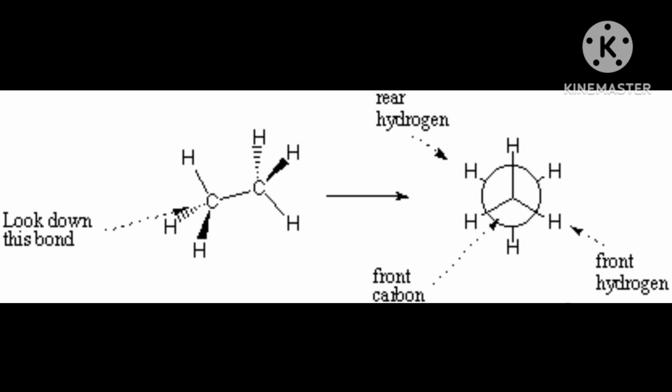Now the eclipsed and staggered conformations can be represented by two projections. The names have been given according to the names of scientists. How will you represent these two?